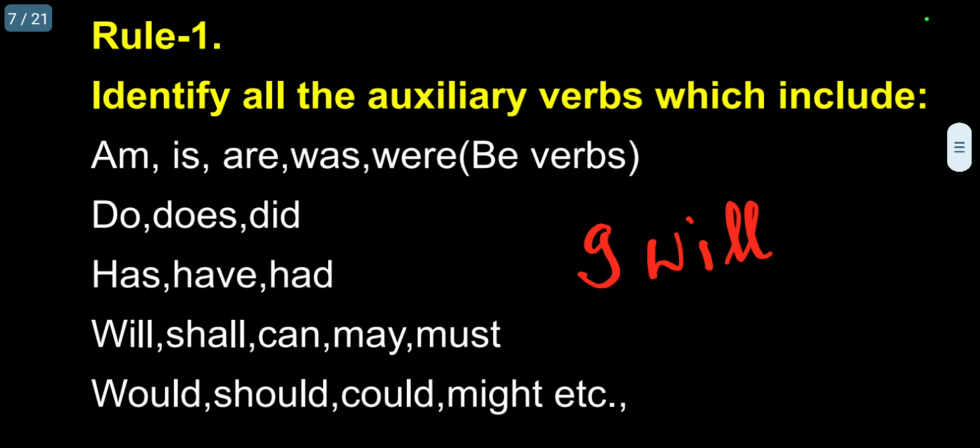I can use it, but I have to use a main verb. I will do my job. I will go to the cinema. So "will" always comes as an auxiliary; there should be a main verb. Please follow. This is the interesting information I want to give.